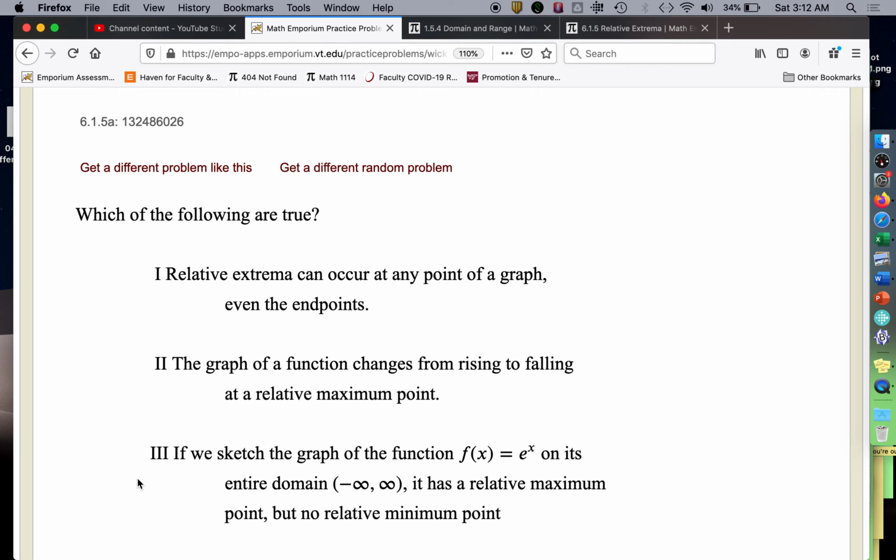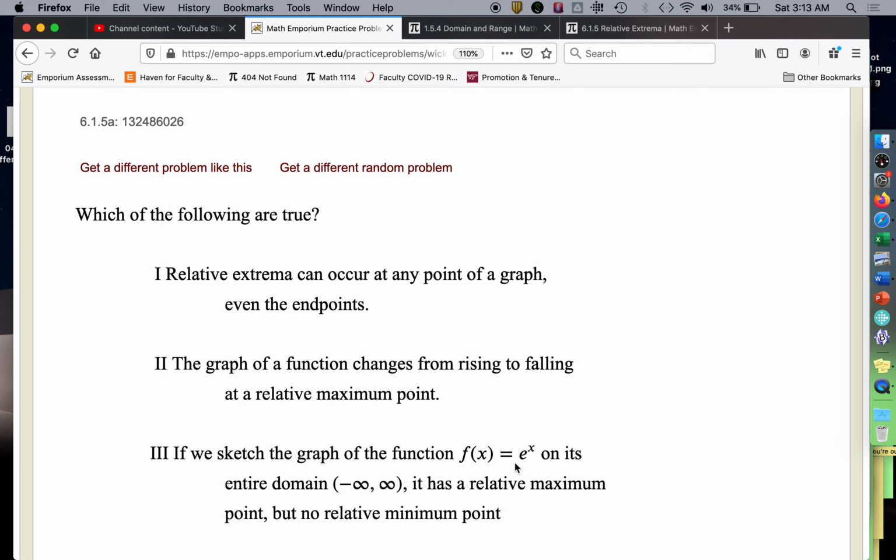Statement 3, if we sketch the graph of the function f of x equals e to the x on its entire domain from negative infinity to infinity, it has a relative maximum point but no relative minimum point. Okay, I would encourage you to look at the graph of e to the x.